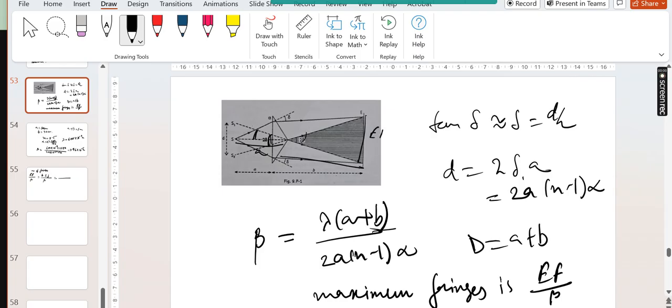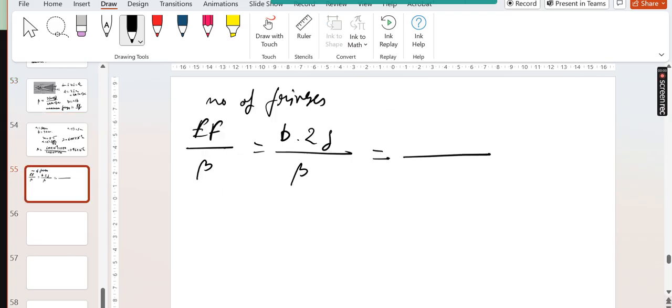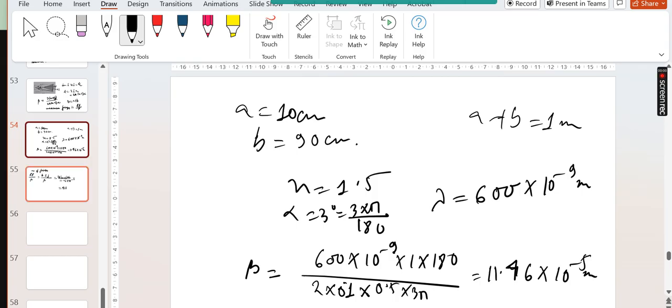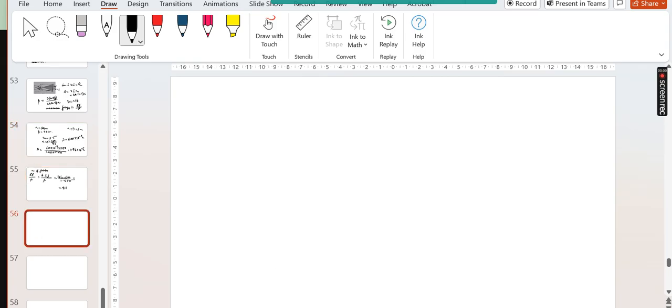So this is 2b(n minus 1)alpha. Beta is 11.46 into 10 to the power minus 5. So that is 411. So in the EF region there should be 411 fringes.